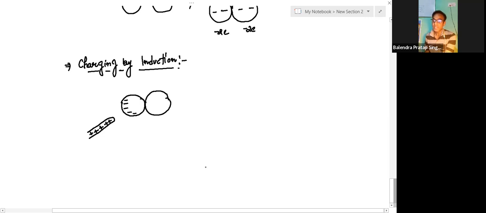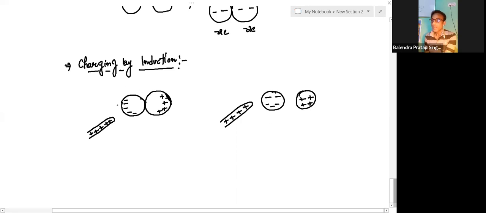When this portion gets negatively charged, the other portion has a lack of charges, so it gets positively charged. In our next diagram, I am showing that you put your rod very close to this negative sphere, and now you detach these two spheres. So one sphere gets negatively charged and the other sphere gets positively charged.